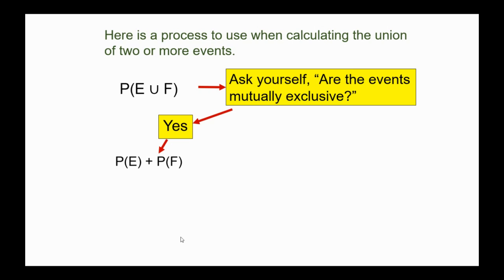If you say yes, they are, meaning they have nothing in common, then we just add their individual probabilities because they have nothing in common. So there's nothing to subtract out.